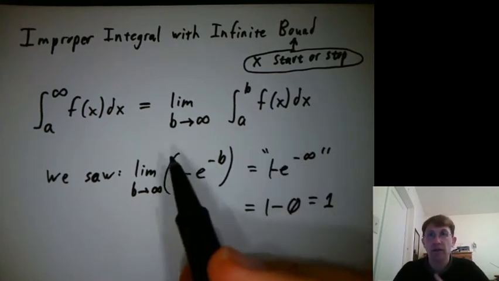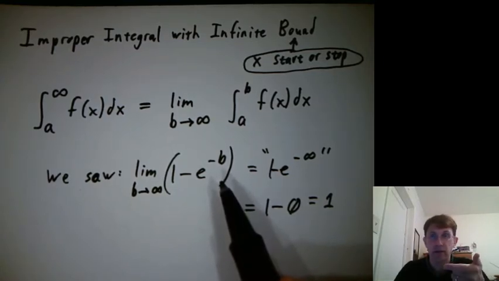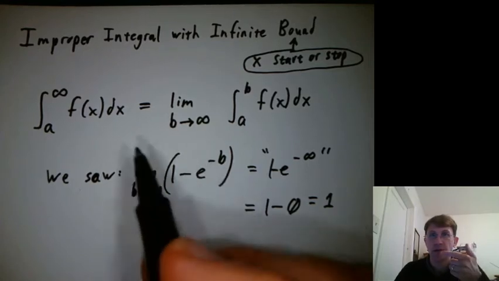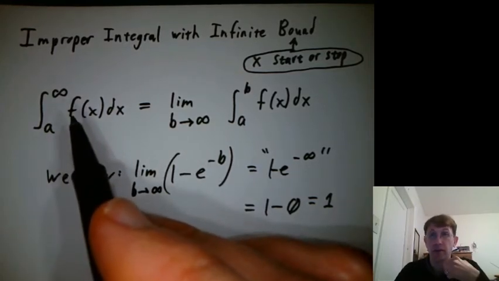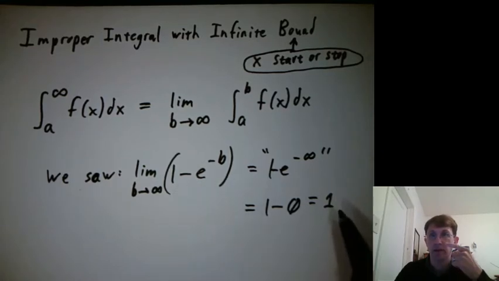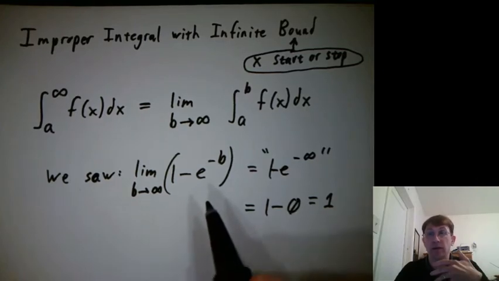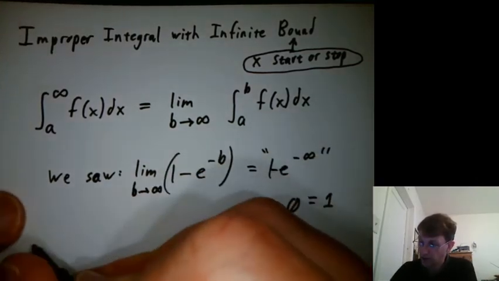And because the limit existed, that is, it was a finite number, not infinity or negative infinity, and it didn't oscillate without settling down, those are the two main ways that an integral to infinity can fail to exist, or a limit to infinity. Because this limit existed, we say that the integral converges, or it is a convergent integral.